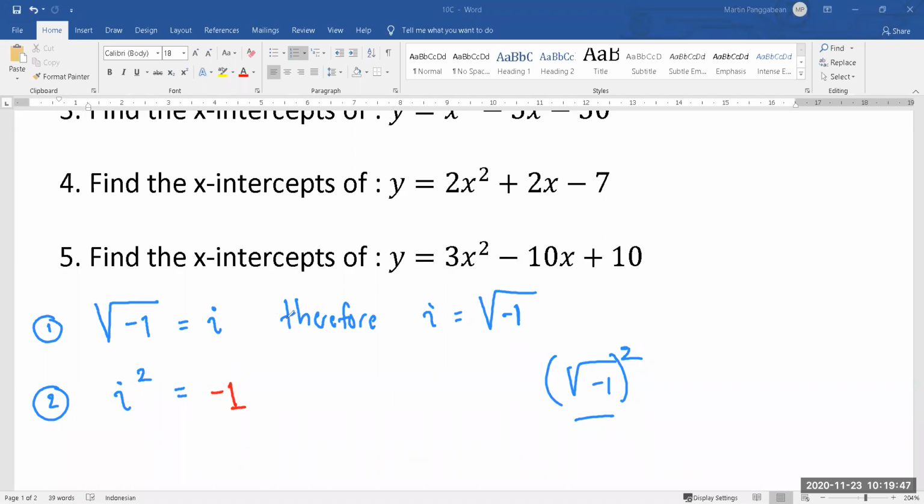-1. So I want you to be aware. Only these two statements: i equals square root of -1. Therefore, i squared is -1. Okay, these two things, and I want us to deal with some problems with this new thing.